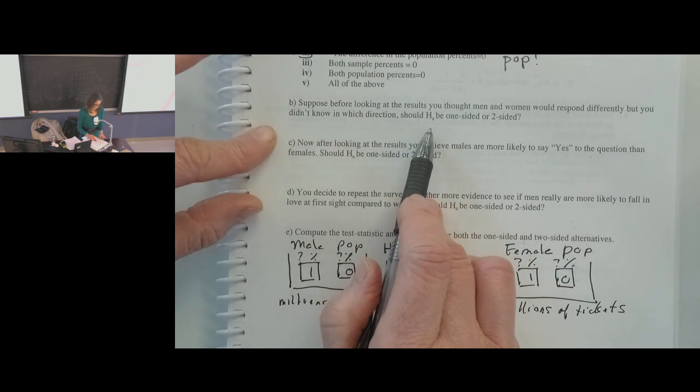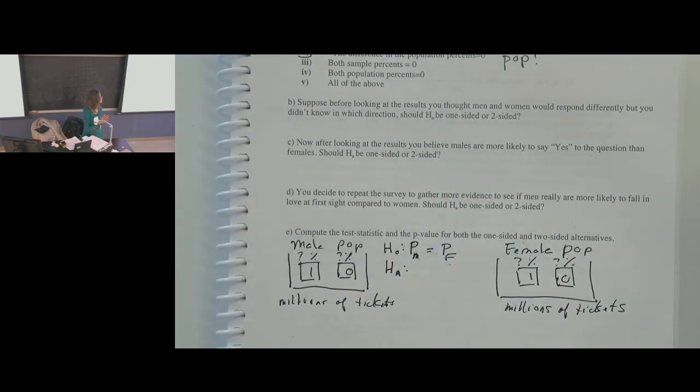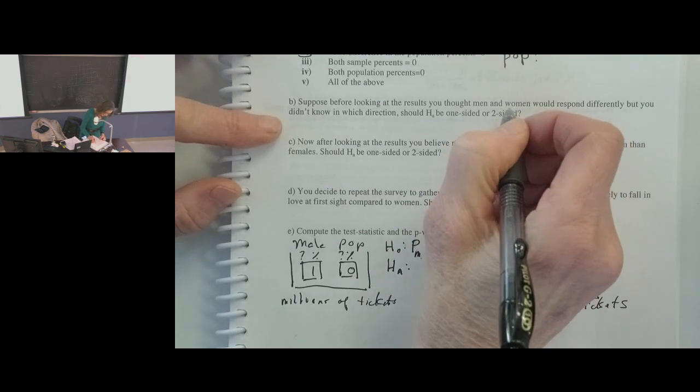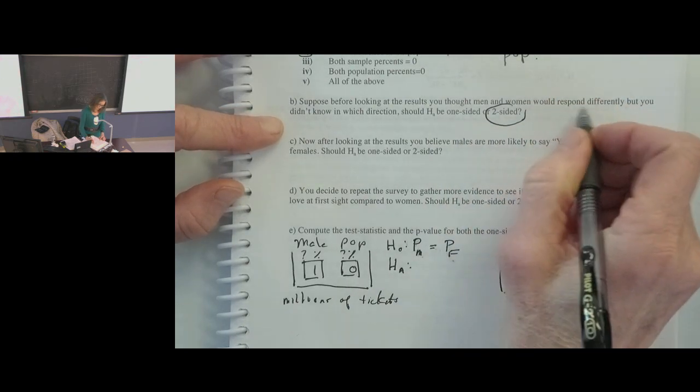Then, should H alternative be one-sided or two-sided? What do you think? Let's say you really don't know. You just think they're going to be different in the population. Which one should you choose to be your alternative? Two-sided, right. Two-sided because you can't specify a direction. If you don't know, you just know they're different.